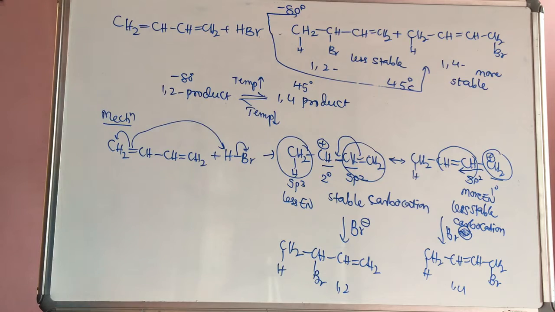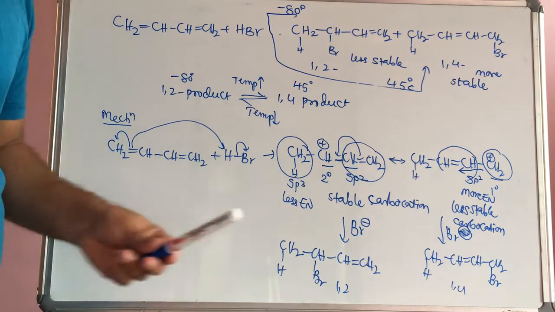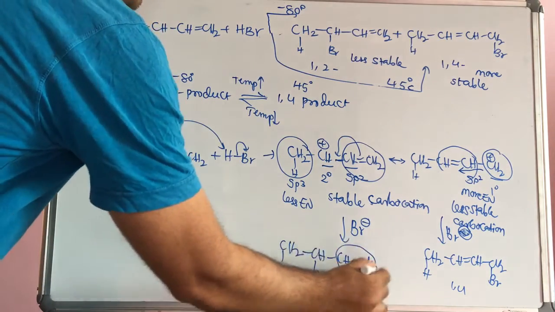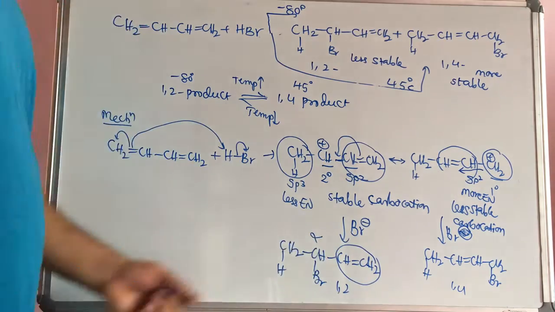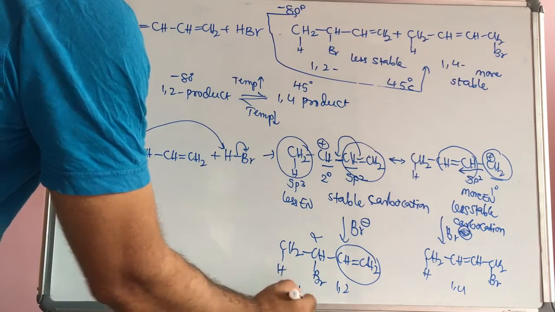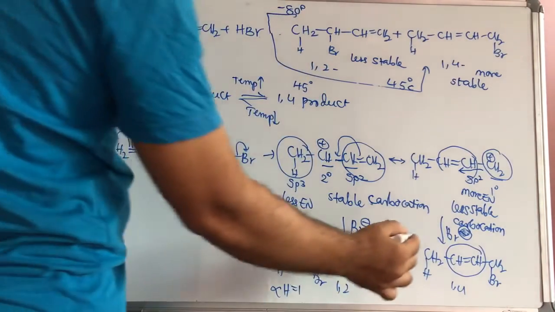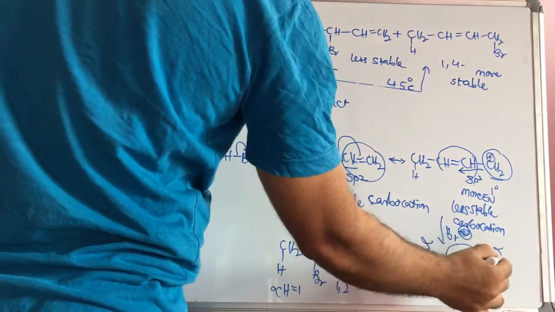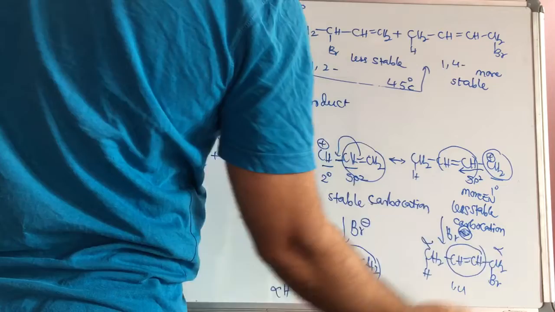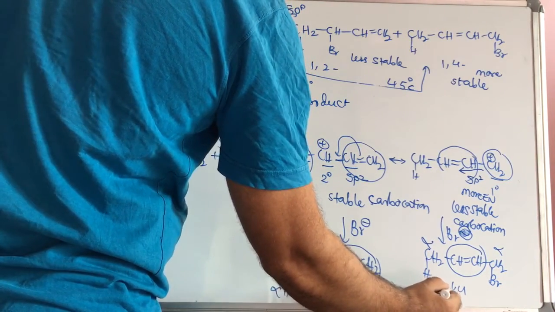So now which is the more stable product? If you observe, this alkene has an alpha carbon. At this alpha carbon, alpha hydrogens are 1. This alkene has 2 alpha carbons. At these 2 alpha carbons, 2 and here 2, plus 2, here 4 alpha hydrogens are present.